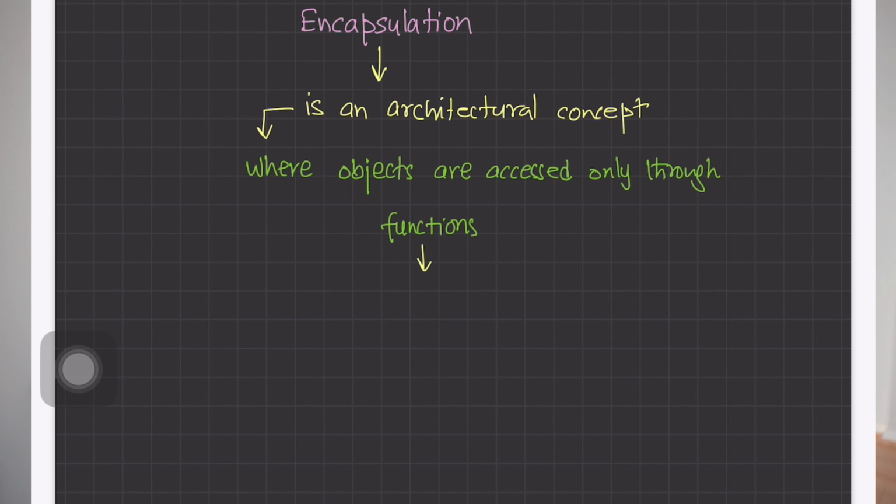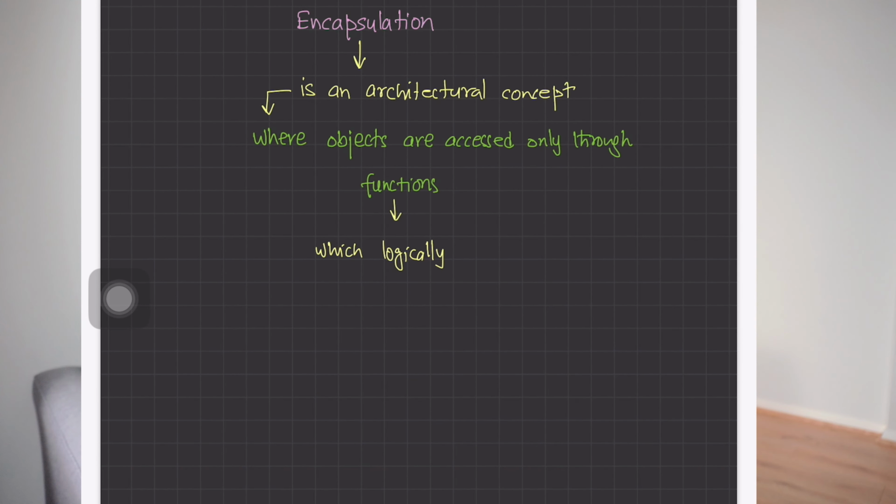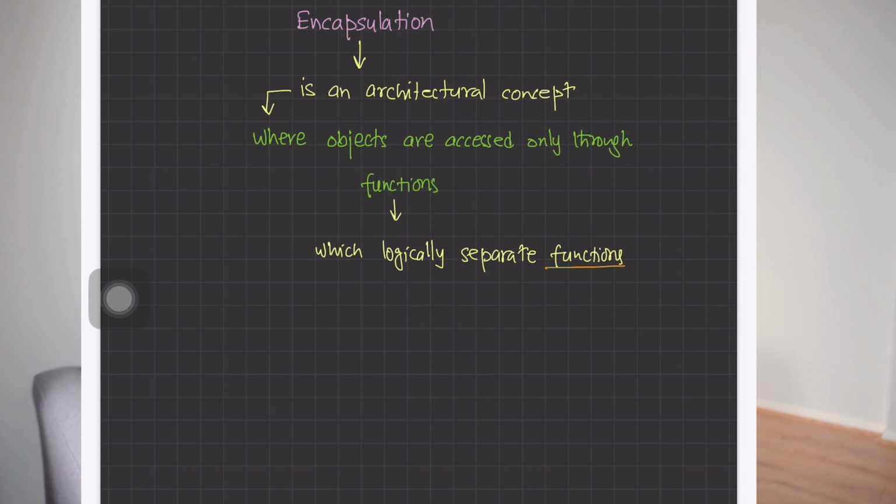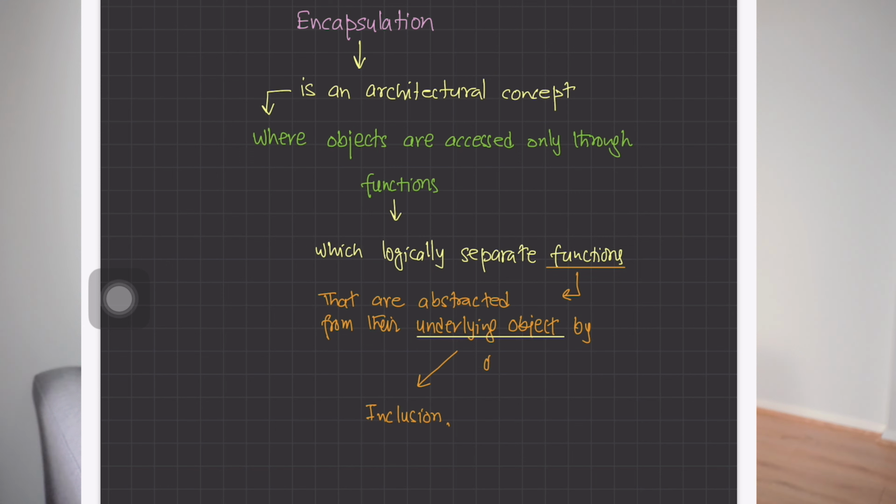Now these are logically separate functions. You may have 10 different functions to achieve 10 different tasks. So objects are accessed only through logically separate functions that are abstracted from their underlying object by inclusion or information hiding within higher level objects. What do you mean by that?